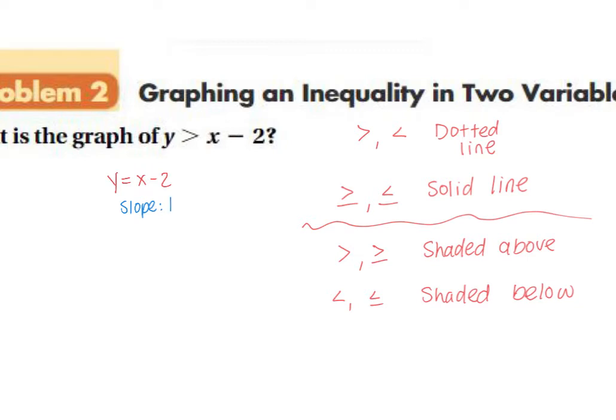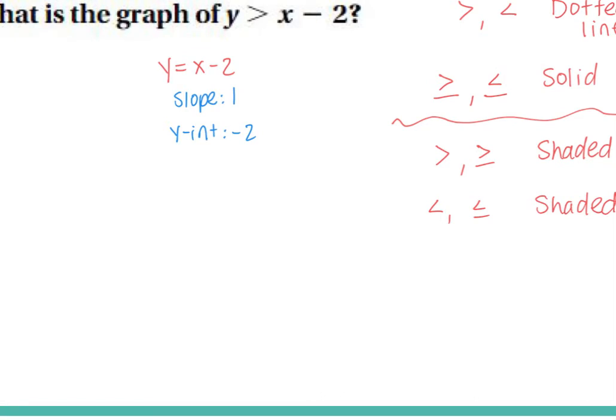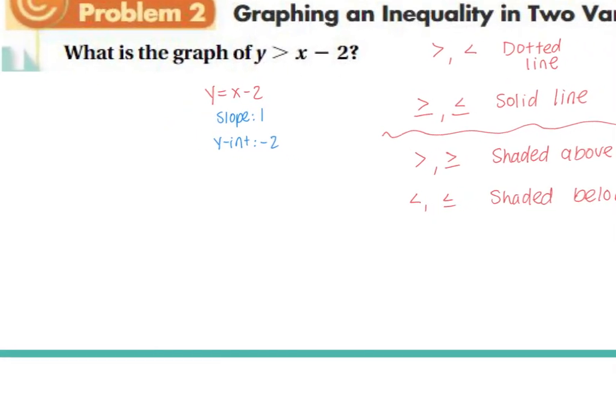One. Luciana, what's my y-intercept? -2, okay? So we're going to have to plot this point and use that slope to figure out our boundary line, okay? This is what we're going to call our boundary line.